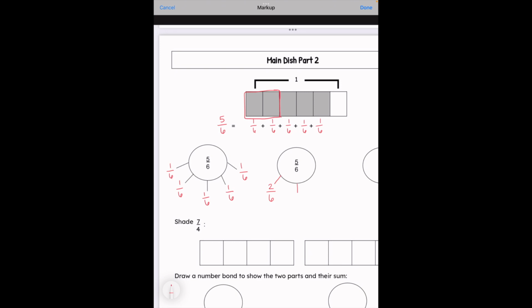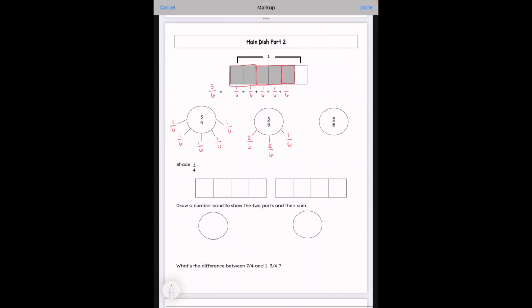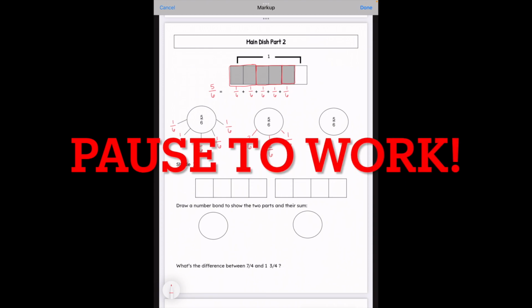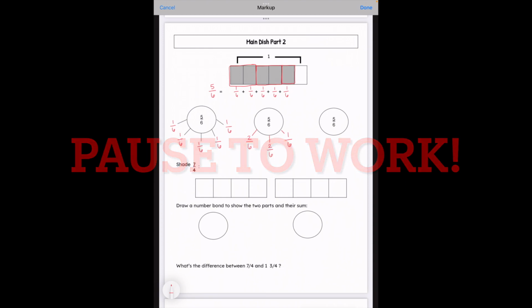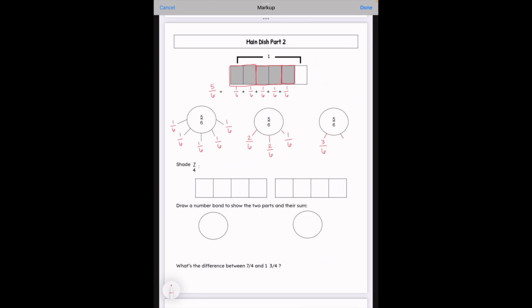And then I might group these up, and I have another 2/6, leaving just this 1/6 all alone over here. This is another way. I'm still decomposing 5/6, just in another way. See if you can come up with your own way to decompose 5/6 in a way that we haven't done already. I came up with a way here, but as long as whatever way you decomposed 5/6 adds up to equal 5/6, you are completely correct.